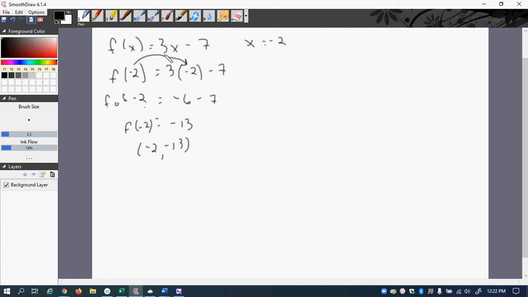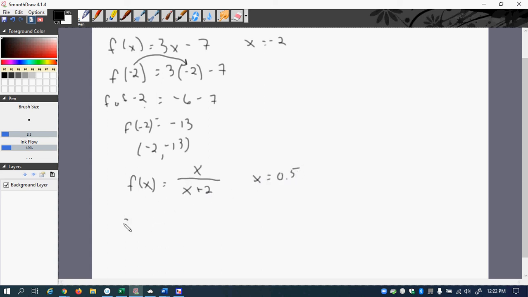Okay, so let's take a look at another example. Let's say it's f of x equal to x divided by x plus 2, and we're going to say that x is 0.5 or a half.